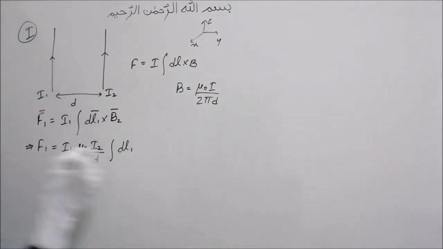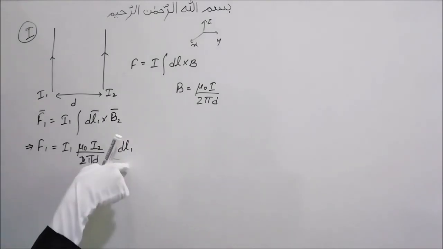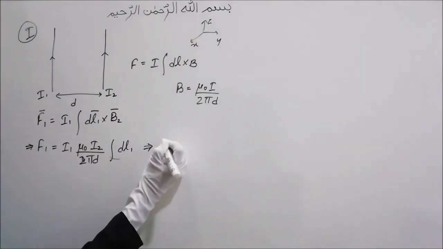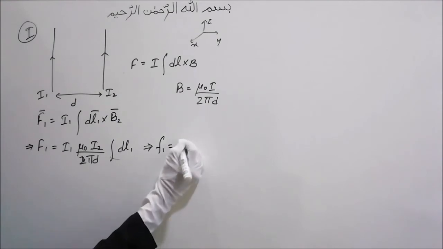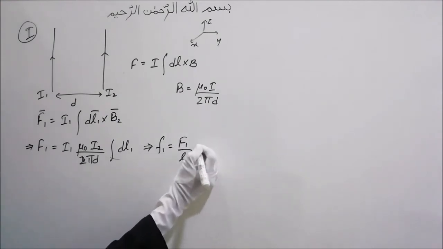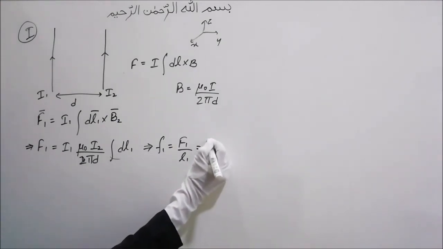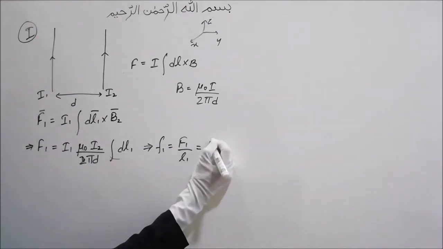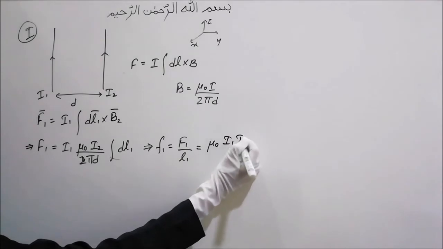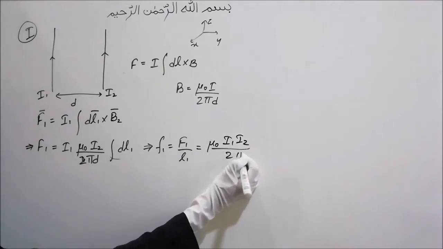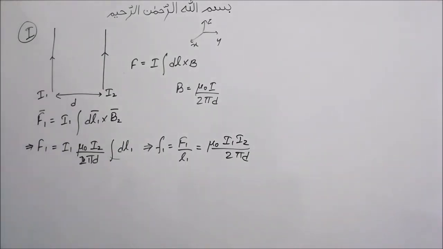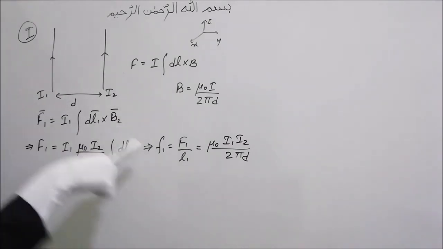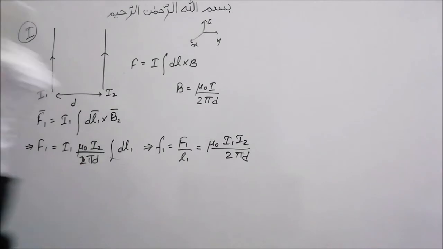Since the wire is infinite, this force will come out infinite. So instead let's calculate the force per unit length, F1 upon L1, which will be equal to mu naught I1 I2 divided by 2 pi d. This is the force acting on wire 1 due to the current I2.